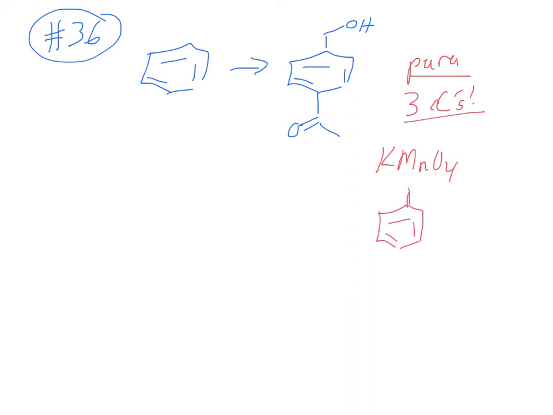These 2 things reacting together will give you a carboxylic acid. I did show you that. Good. KMnO4 with benzylic CHs makes a carboxylic acid. That's the key to this.